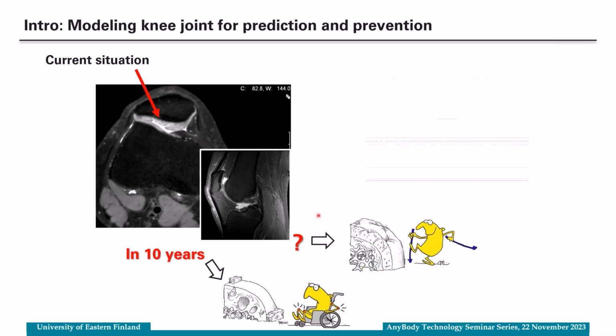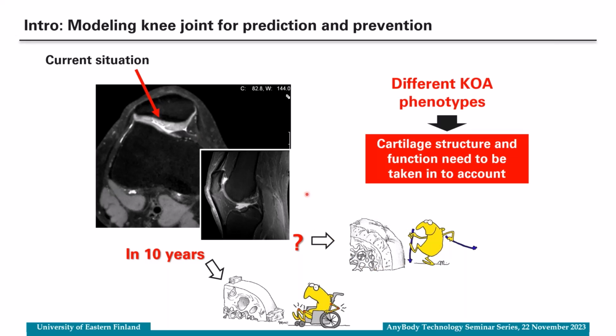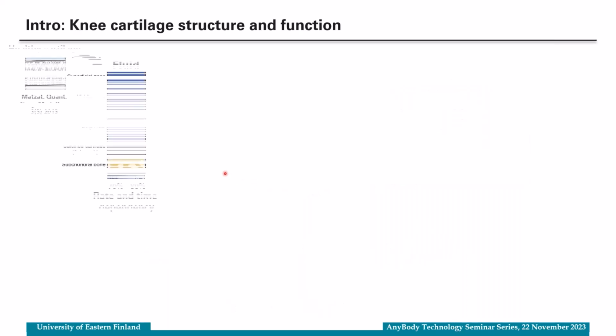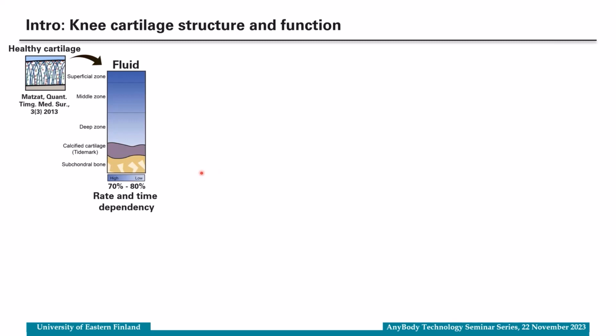Because osteoarthritis has different phenotypes, it's also important to take into consideration the structure, function, and composition of the cartilage in order to develop models which enable us to predict the progression of the disease. So let's first have a brief look at the composition of the cartilage. Essentially, cartilage is composed mostly of fluid.